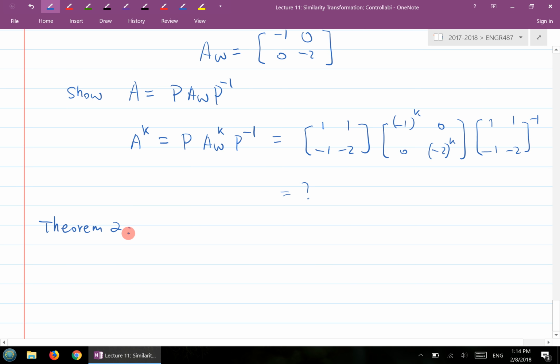All right, so let's take a look at the second theorem, and then I'll show you something else related to the second theorem.